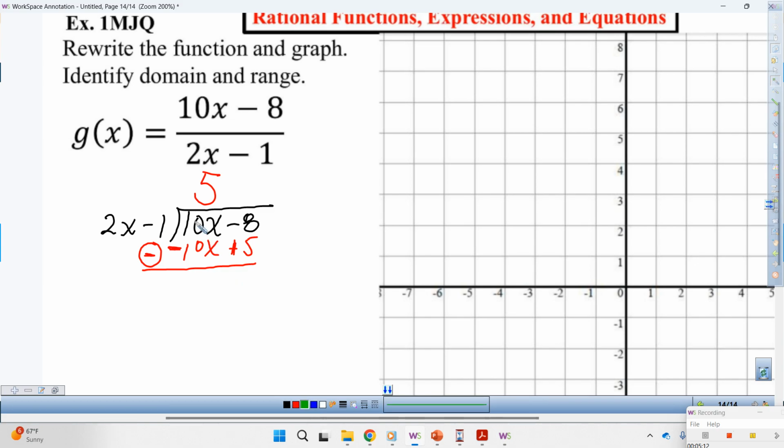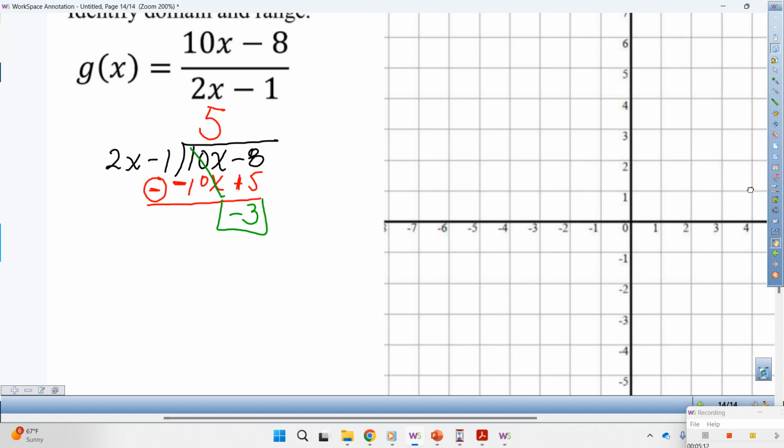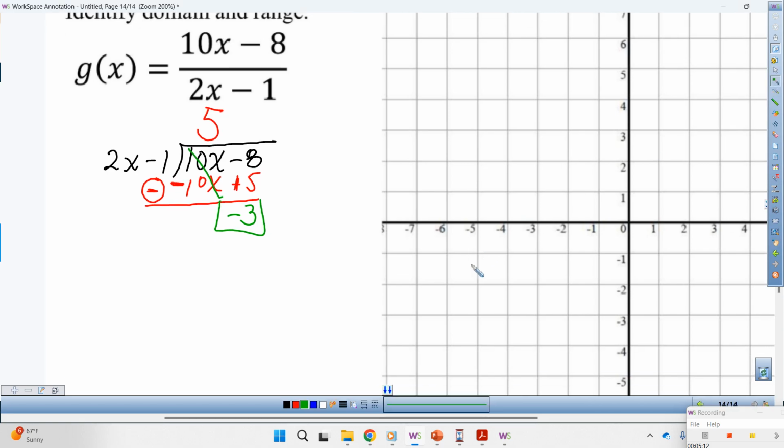So these cancel. Negative 8 plus 5 is negative 3. All right, so the answer to that division is 5. But since we have a remainder, we are at negative 3, and the divisor is 2x minus 1.